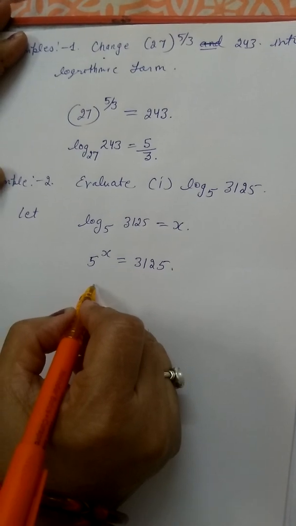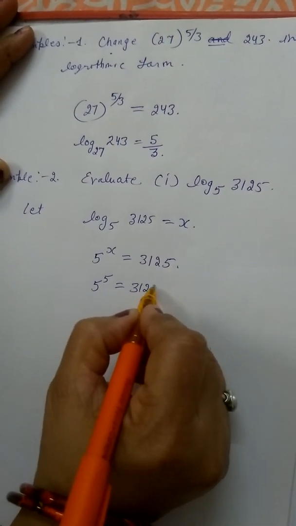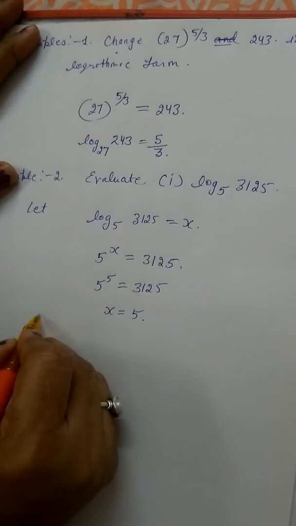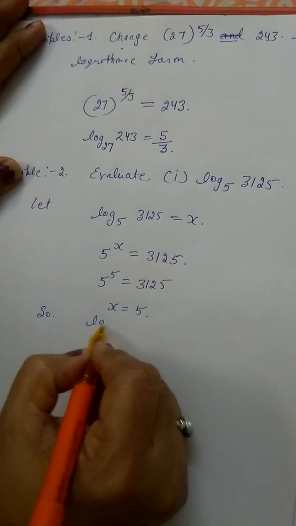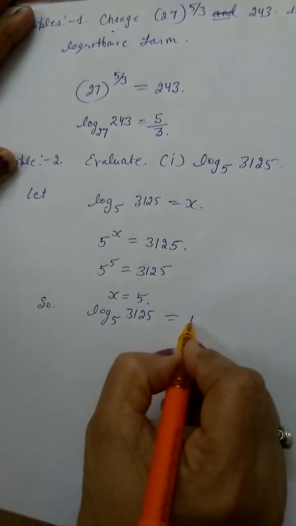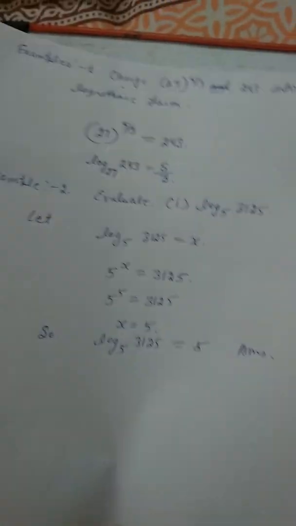Now x is equal to 5 because 5 raised to the 5 equals this. So the value of x is 5. So log_5 3125 equals 5. This is our answer. Okay, understand this?